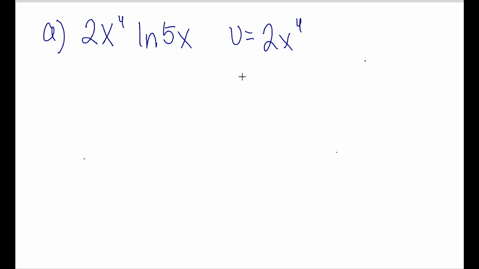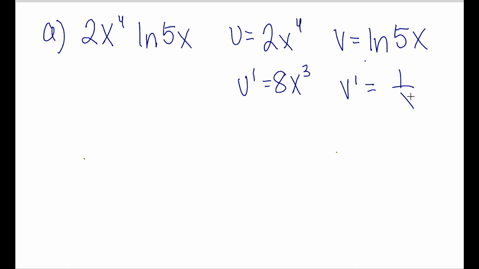Let's see these applications with the product and quotient rule. First, let's differentiate 2x to the 4th times ln 5x. If u is 2x to the 4th, then u prime equals 8x cubed. v is ln of 5x, and remember, if it's just something times x, your derivative is 1 over x.